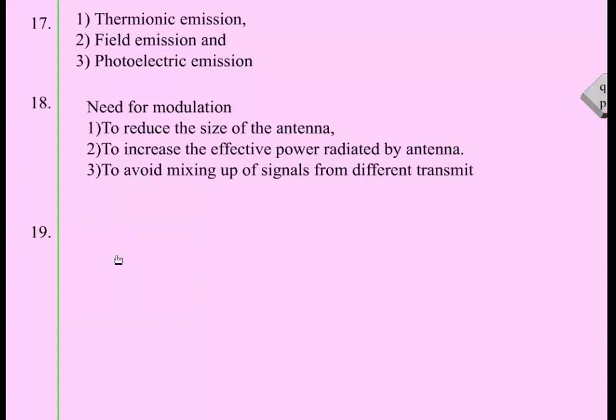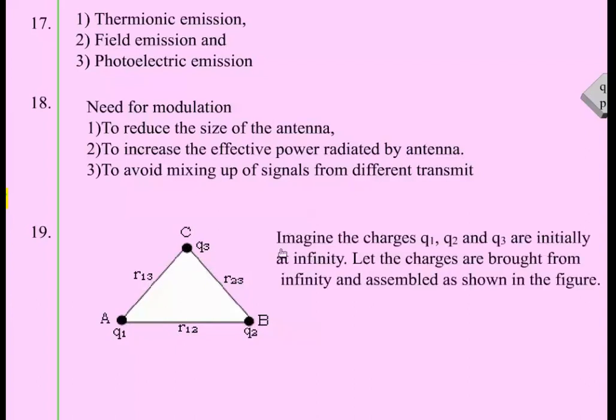So now let us consider this is the system of 3 point charges Q1, Q2, Q3. These two are separated by R12, these two are separated by R23, and these two are separated by R13. So imagine the charges Q1, Q2, Q3 are initially at infinity.